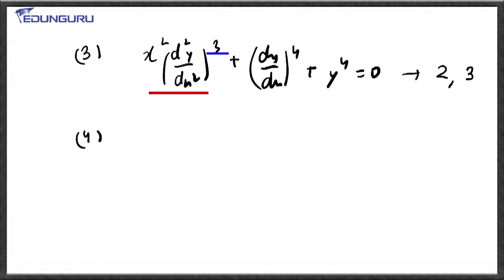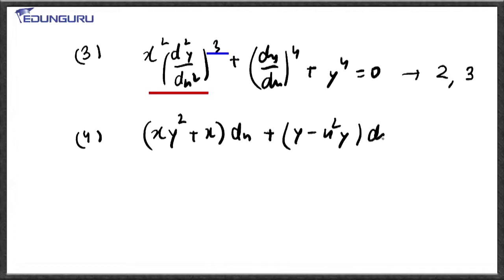Take one more. Suppose (xy square plus x) dx plus (y minus x square y) dy equal to 0.